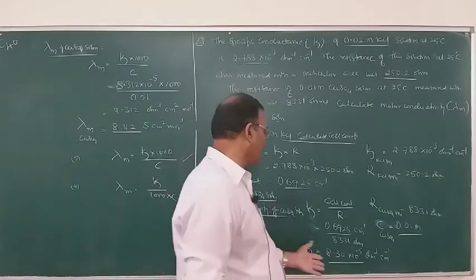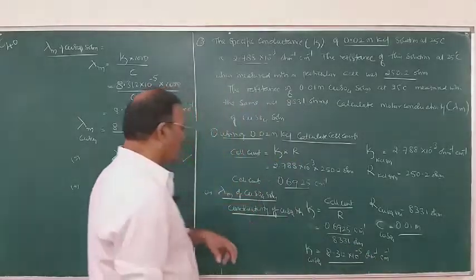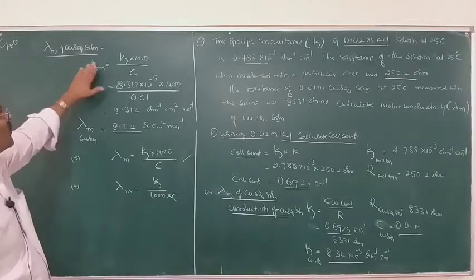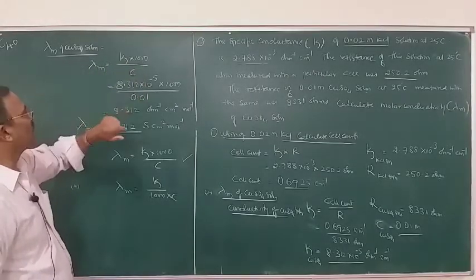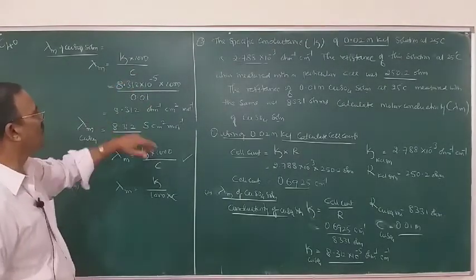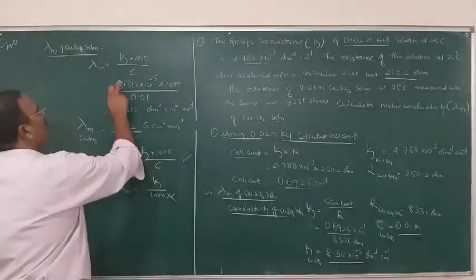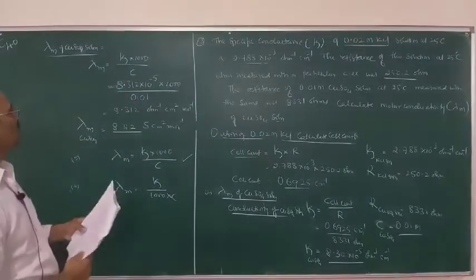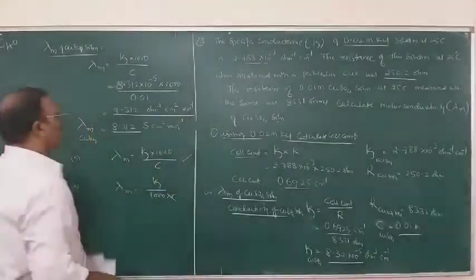Specific conductance is in CGS unit ohm minus 1 centimeter minus 1. Therefore, to calculate molar conductivity of copper sulfate solution, you have to use this formula, kappa into 1000 divided by C, where C is the concentration of copper sulfate solution. It is 0.01 mole. So substituting the value of kappa and concentration, we can calculate molar conductivity of copper sulfate solution.